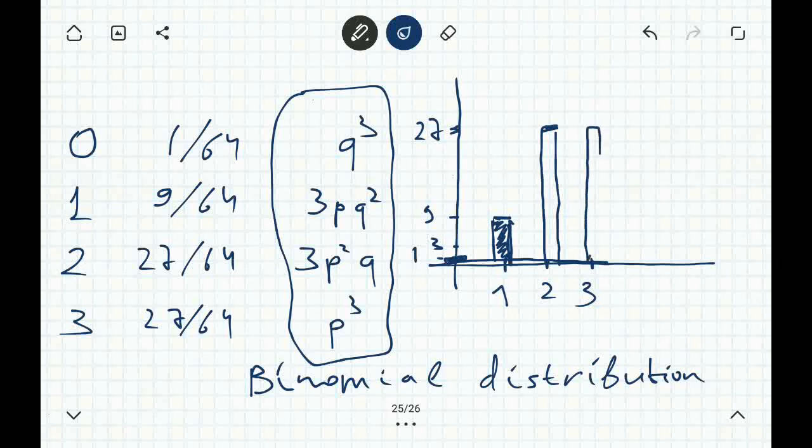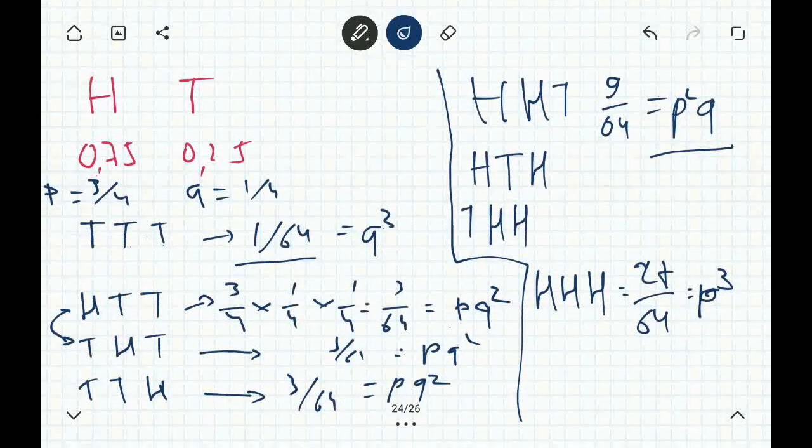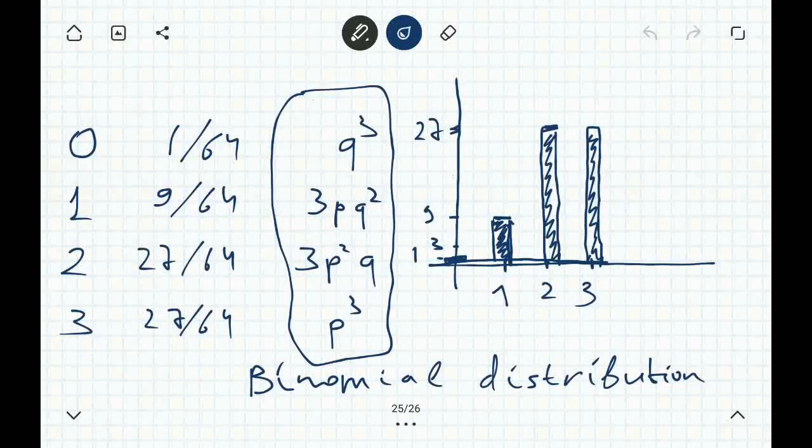And one thing you might notice is that the graph is not symmetric anymore. It's skewed, and it's highly skewed. And that's because our p and q are not equal anymore. They are different. It's not 50-50. And the closer they are to each other, the less skewed our graph will become.